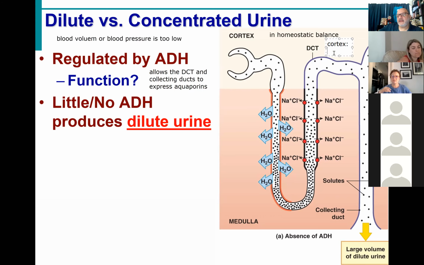The interstitial fluid in the cortex was what? 300. 300, absolutely. It is 300 milliosmoles. So you're right. If it's 100 here inside of the distal convoluted tubule and 300 outside, and I suddenly put a bunch of aquaporins on the surface of these cells, what's going to happen to the water?